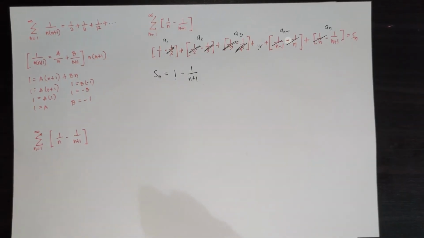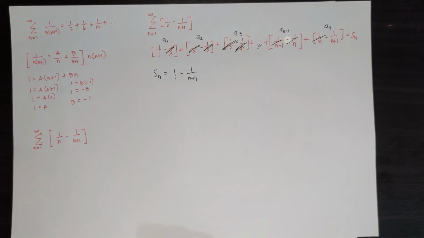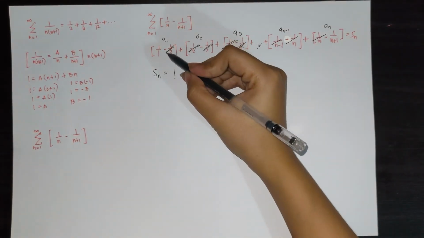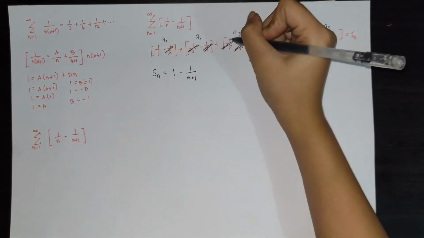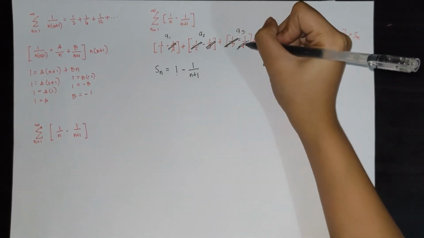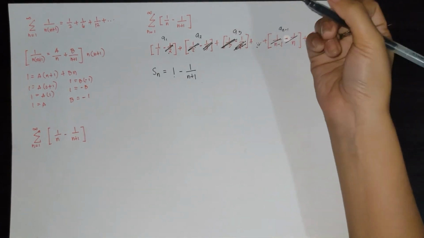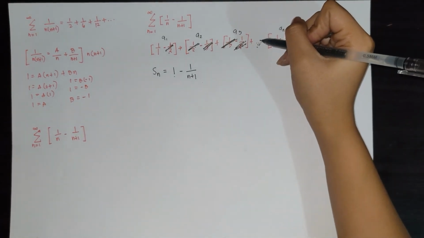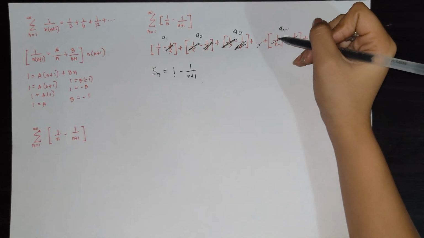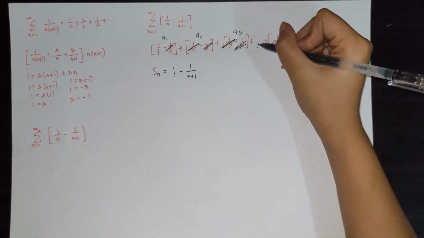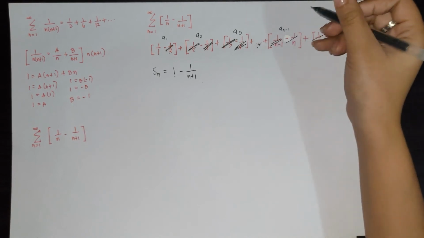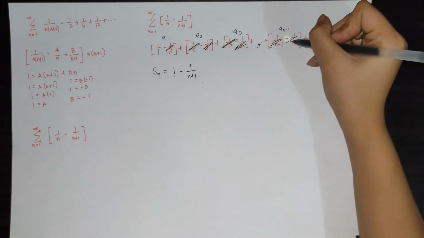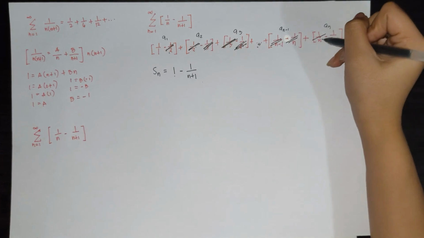Now, let's simplify the expression so we could cancel negative 1/2 and 1/2, negative 1/3 and 1/3, negative 1/4, which is somewhere in the middle of the sequence. And we can also cancel something here with 1 over n minus 1 and negative 1 over n and 1 over n.